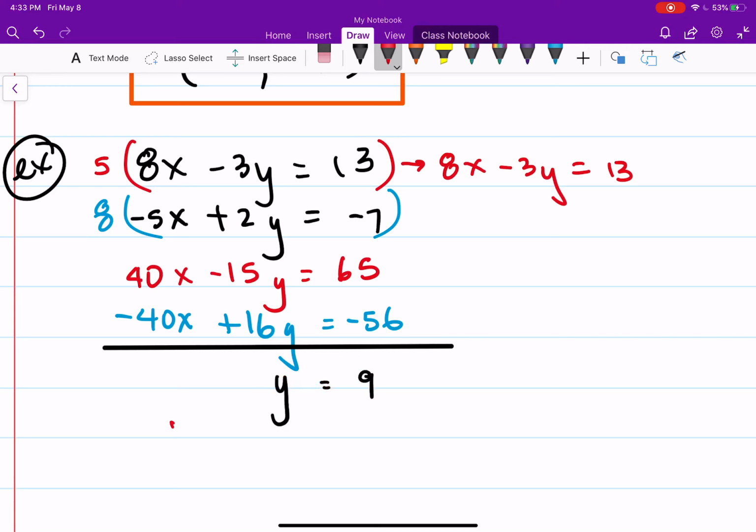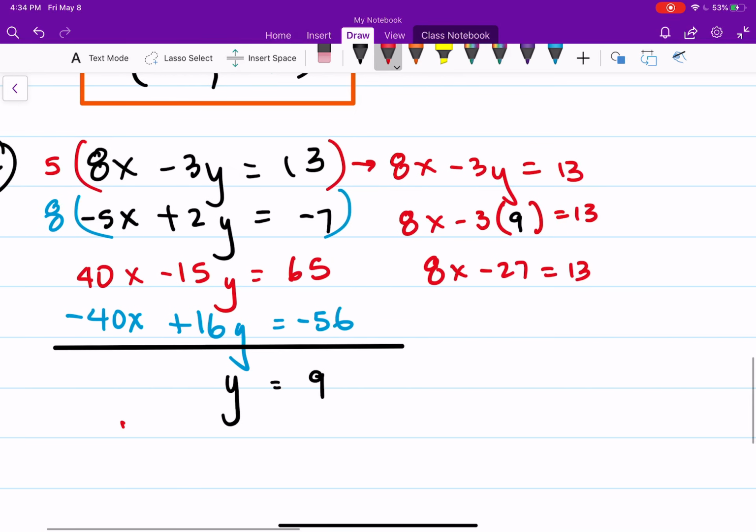Okay, so I have 8x minus 3 times 9 is equal to 13. So I get 8x minus 27 is equal to 13.